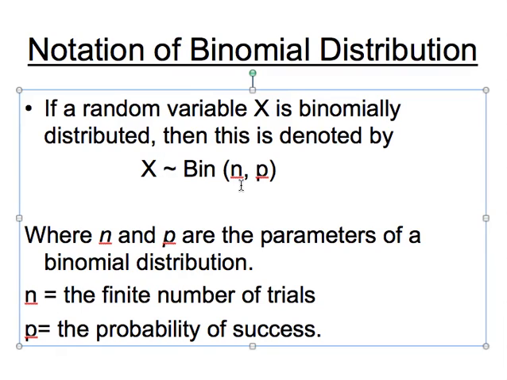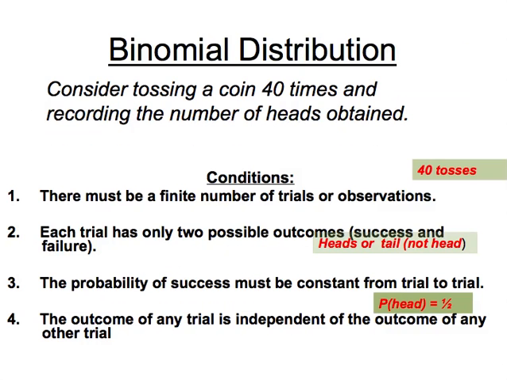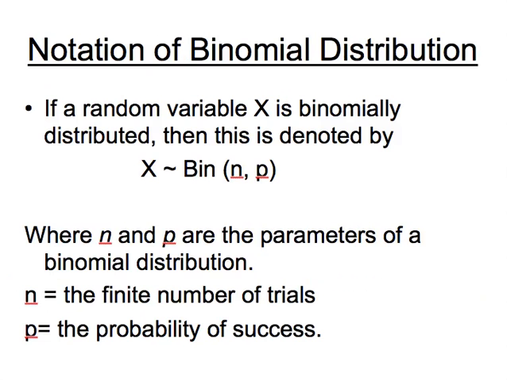N is the finite number of trials, and p is the probability of success. So for the scenario before, n, the finite number of trials, would be equal to 40, and p, the probability of success, would be equal to 1/2. So when we're doing the question and we are denoting it, we will input 40 and 1/2 for the values of n and p respectively.